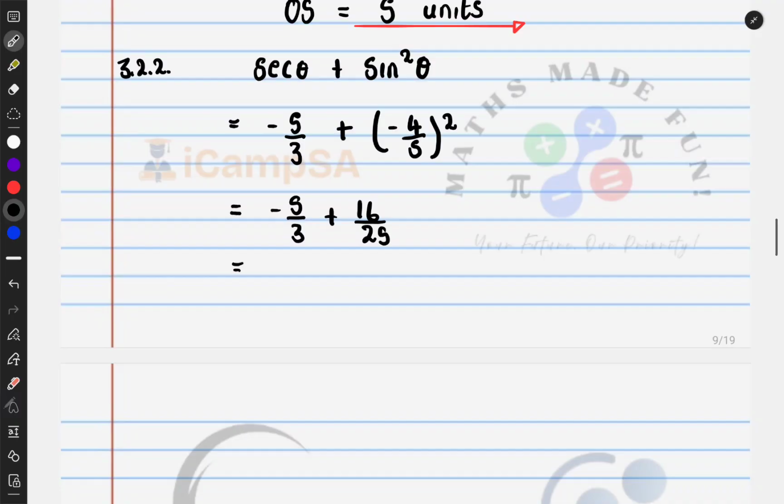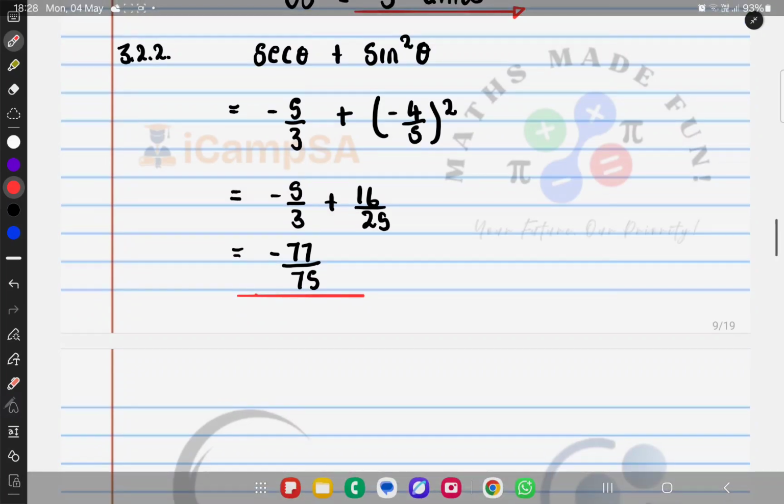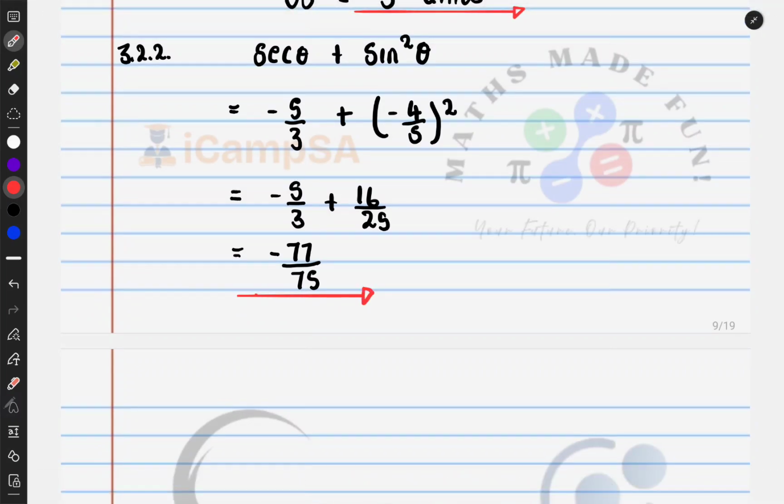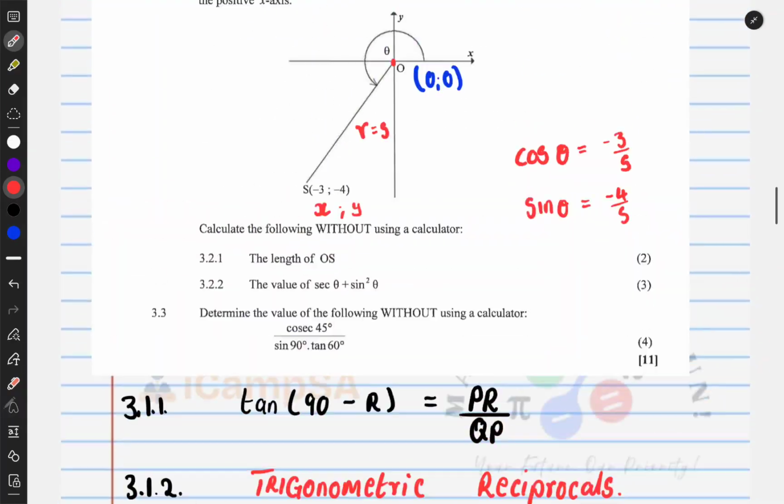And then let's quickly punch this in our calculator. It's negative 5 over 3 plus 16 over 25. I'm getting negative 77 over 75. Negative 77 over 75. That is the value of that ratio.